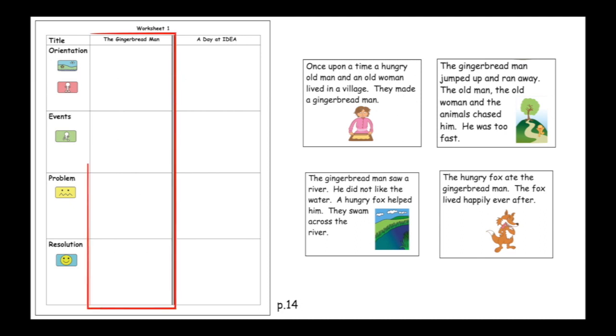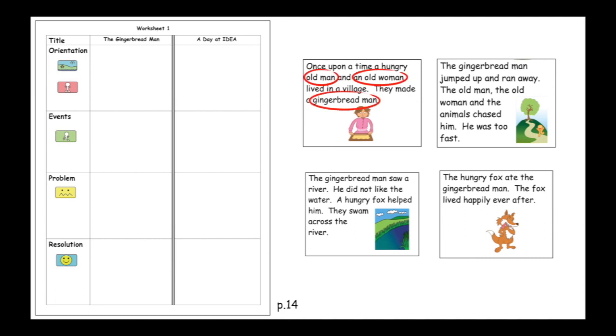Let's look at the first column, which is for the story, The Gingerbread Man. We'll do this one together. For the first box, we need to find the orientation story card. So that's the card that has the characters and the setting. Let's look for the key words on the story cards. Can you find the characters and the setting?